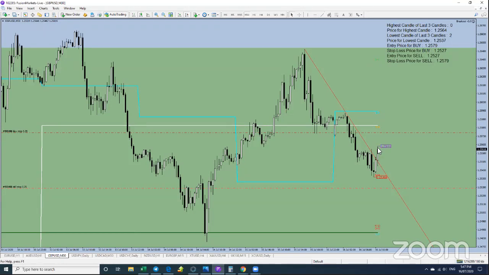But there is a break of it, so it's something to take note of. The other trade line would come up through here. So the potential there is to get back above it and retest it and go long, maybe. I don't know that this is now a valid trade line. That's the issue, I believe.